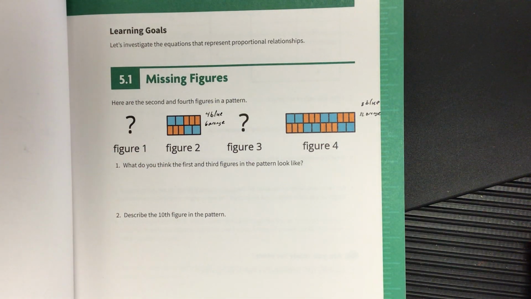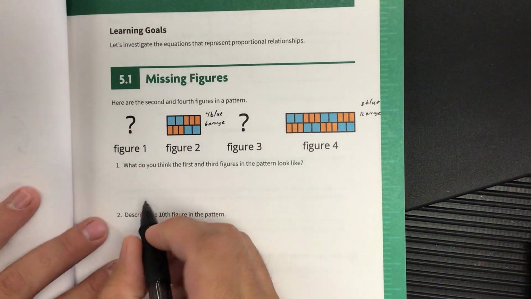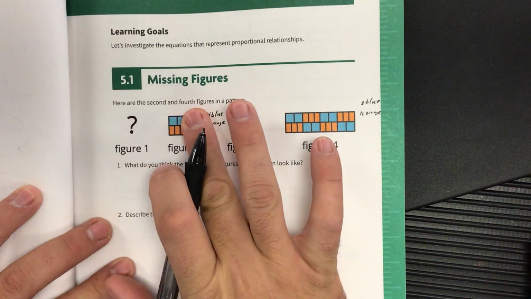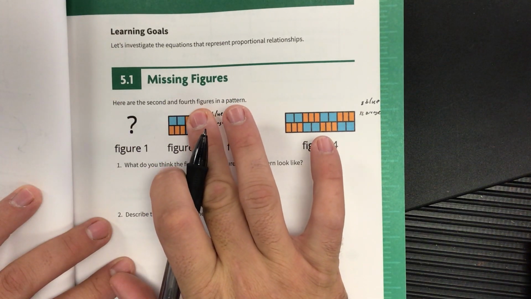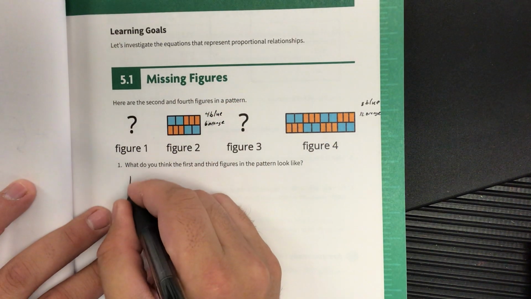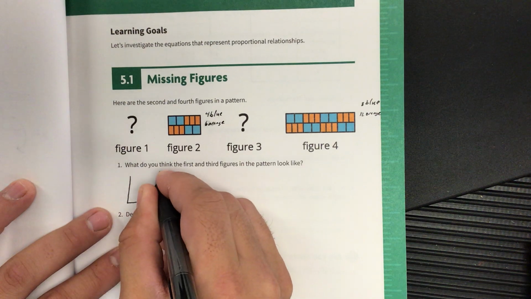Anybody have an idea on the first one? Jonas? I think it's gotta just be like half of figure 2. So basically one of those sides. Yeah. Okay. And you could draw it.